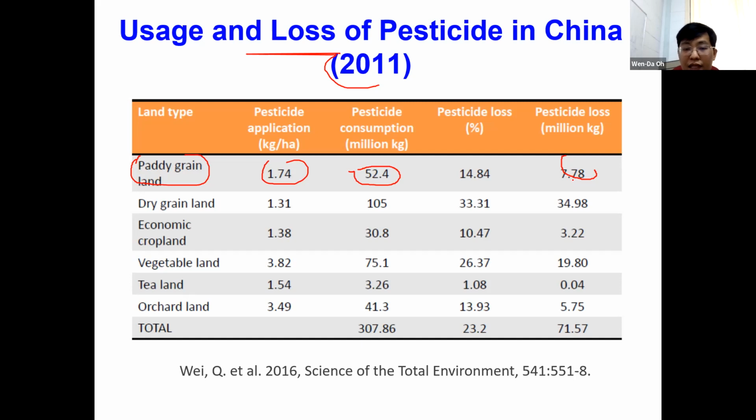They're designed to be easily decomposed in the environment. So we as chemists know that this 7.78 is actually not in its original structure. Okay, so this 7.78 can undergo photolysis, it can undergo degradation, it can undergo many different kinds of reactions in the environment, and it can be lost due to its degradation.